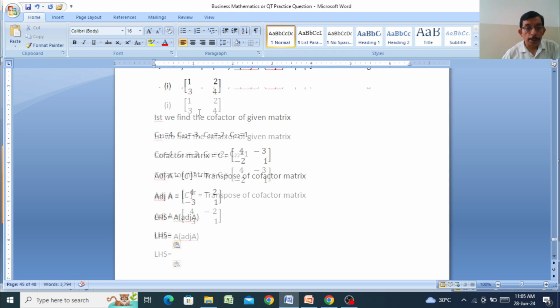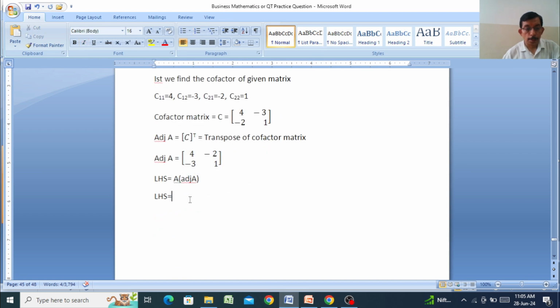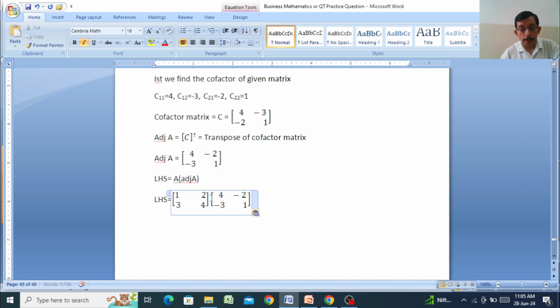The matrix A is given and the adjoint A is also found in this step, multiplied by A. Now apply the multiplication of both matrices in the next step.